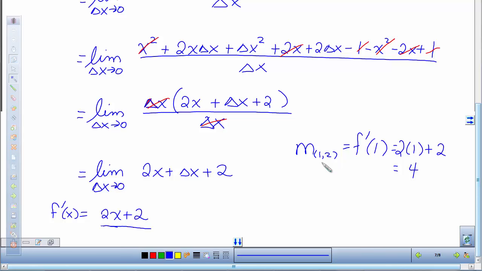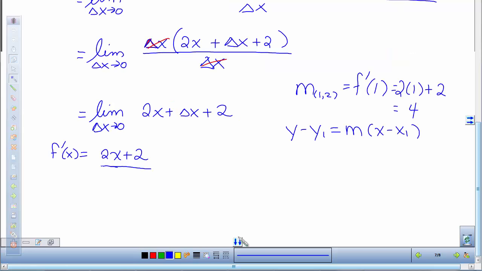Now that I have this slope and a point, I can use my slope-intercept formula, or rather my point-slope formula, to come up with the equation of the tangent line.